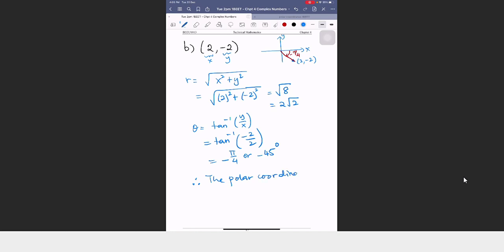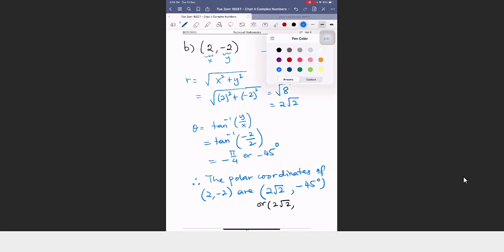So you can say the polar coordinates of 2 minus 2 are 2 square root of 2 or square root of 8, and then -45 degrees or -pi/4. Or if you want it in terms of a positive angle, what is the positive angle here? Yes, the positive angle is 315.